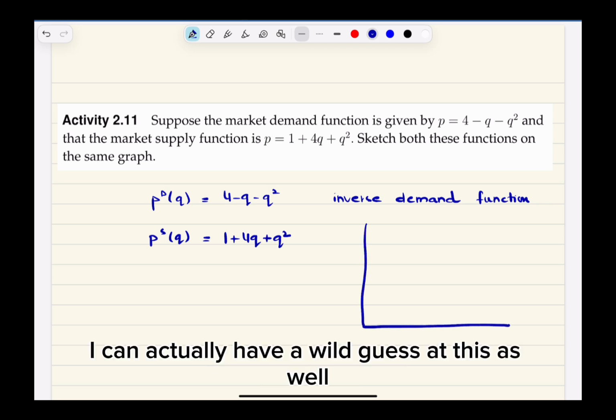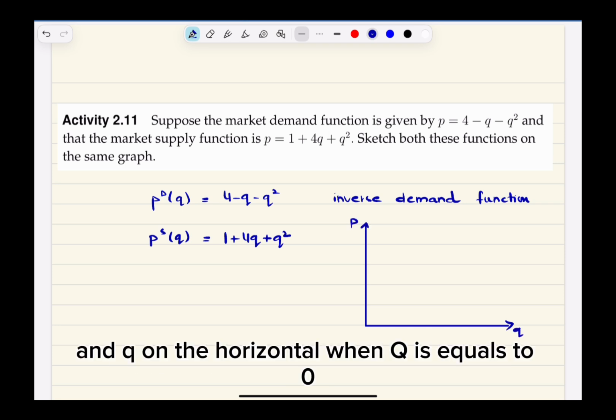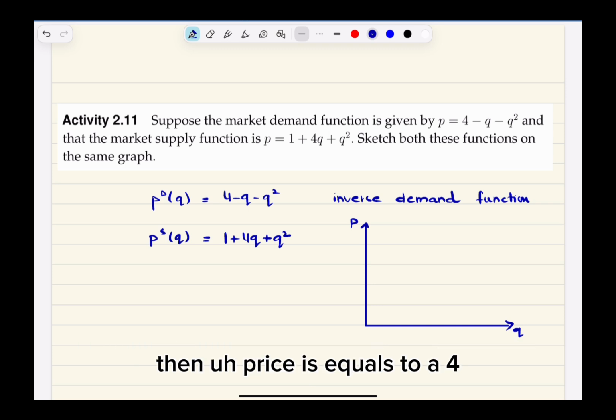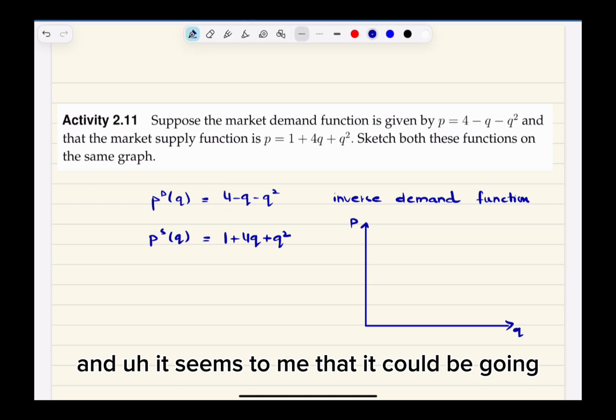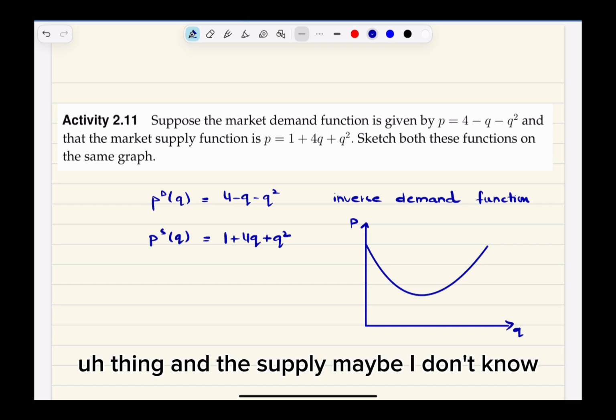I can actually have a wild guess at this as well, with price on the vertical axis and q on the horizontal. When q is equal to 0, then price is equal to 4, and it seems to me that it could be going something like this, because it's kind of like a quadratic thing.